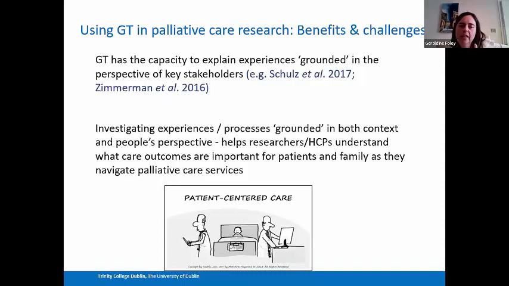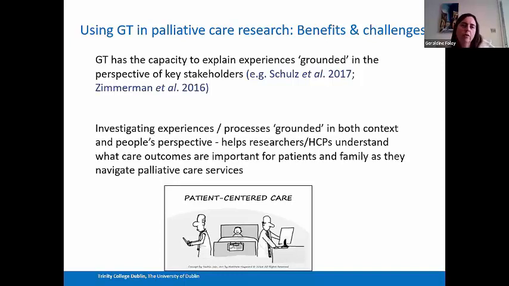And if we're investigating experiences or processes that are grounded in both the context and people's perspective, well then surely it helps us as researchers or healthcare professionals who deliver interventions to know what care outcomes are important for people, based on their own perceptions and their own experiences of navigating palliative care services. So I think this is a key strength of using the GT method.